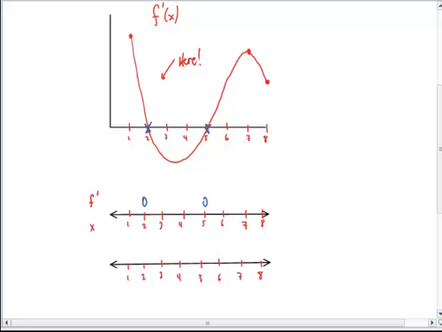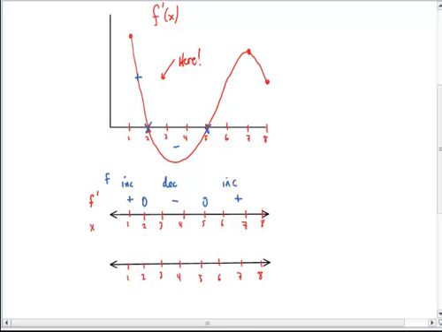You can see that the derivative is positive right here, so I'm going to label this as being positive, and then in this region the derivative value is negative because it's below the x-axis, so I'm going to put a negative there. Here it is above the x-axis, so I'm going to put a positive. So what you can infer from this is where the derivative is positive, f is increasing, then f is decreasing, and f is increasing again.